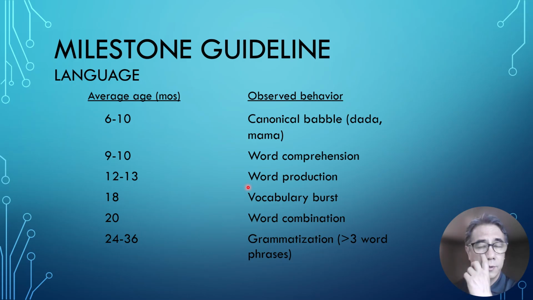They may produce very simple syllables by 12 months of age, and by 18 months there should be a rapid increase in vocabulary. So by 20 to 24 months, they are able to put two words together, and by 3 years of age there should be a three or more word phrase or sentence.